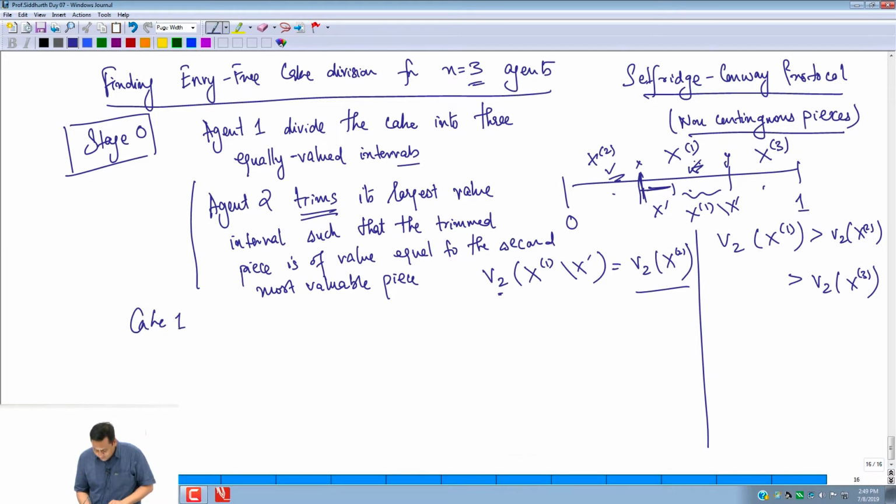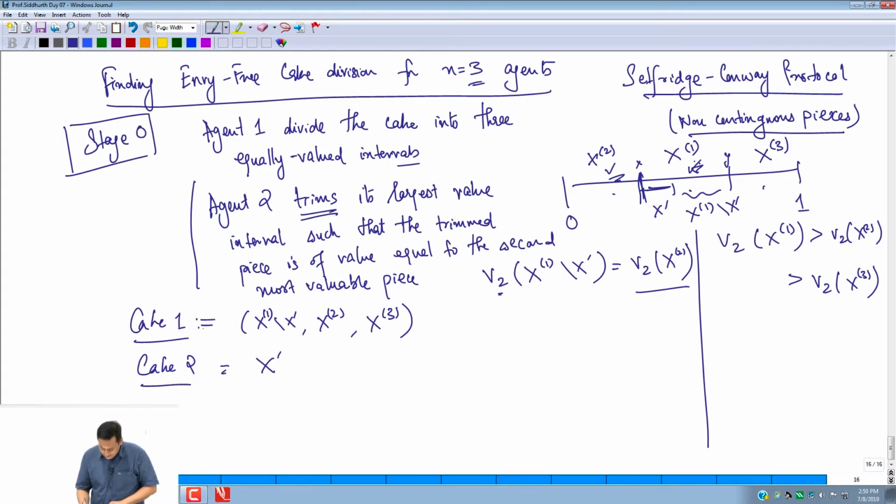So I have cake 1, which is this trimmed thing, and I have cake 2, which is the trimmed part.